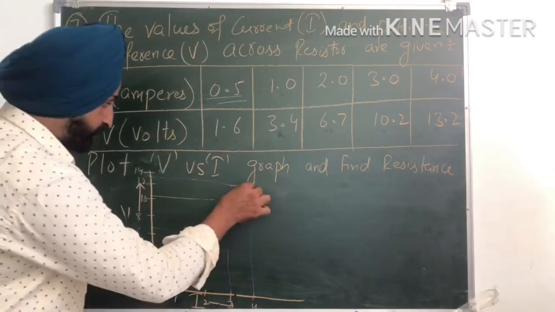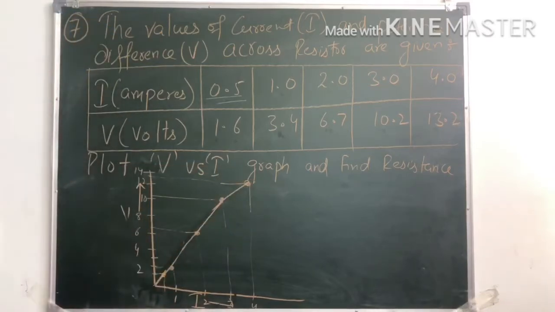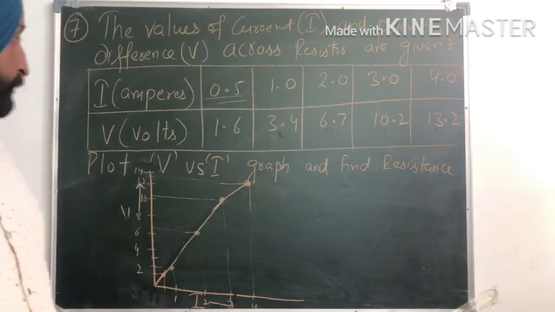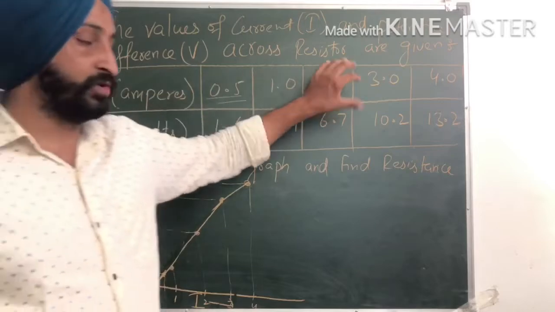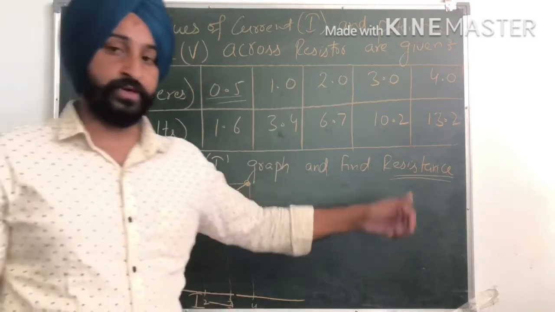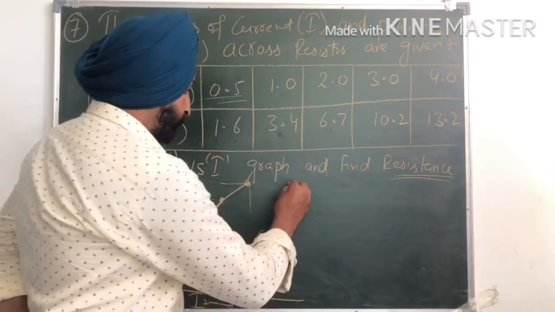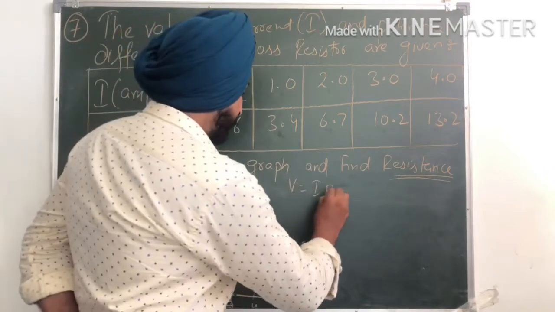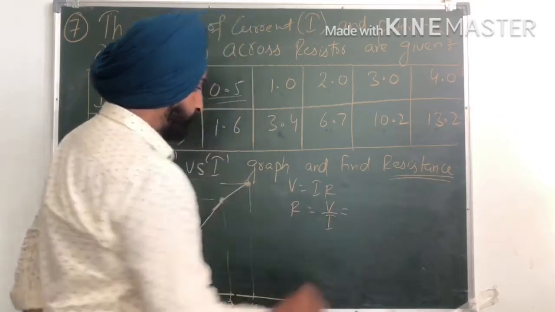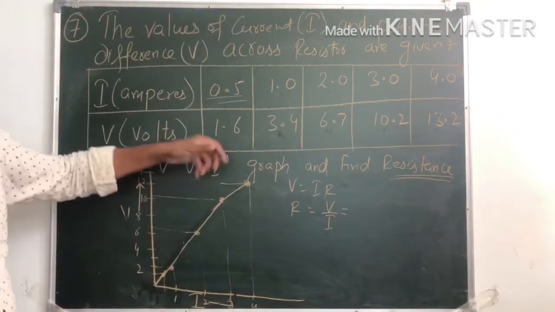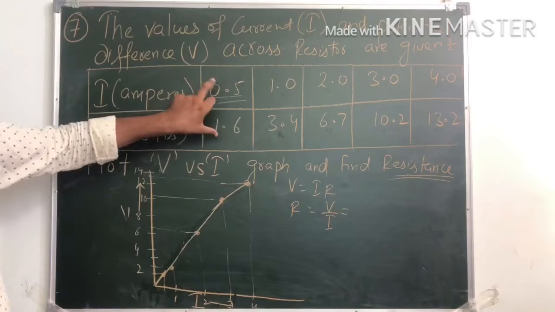Next, what we need to do is, in this way, you will get a straight line between potential and current from this tabular data. So next we will be calculating resistance. Now we know from Ohm's law V is equal to IR. So R would be equal to ratio of voltage over current. Fine. So I will be calculating resistance from this.